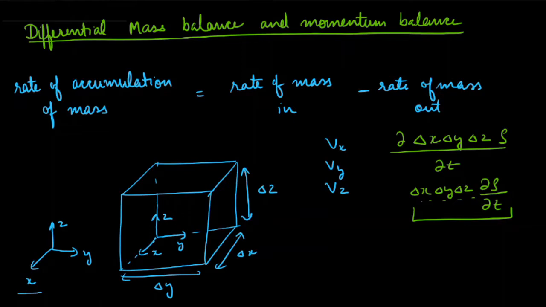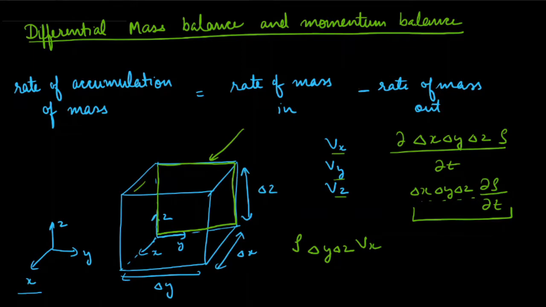Now we come to the first term of the right hand side, the rate of mass in, for which the velocities we consider are in the positive direction. So the rate of mass in the x direction will be through this surface area, coming from the other side like this. This rate of mass in will be for the differential area delta y delta z multiplied by the velocity Vx, which gives the volumetric flow rate, and if we multiply this by density, this will give us the mass flow in.